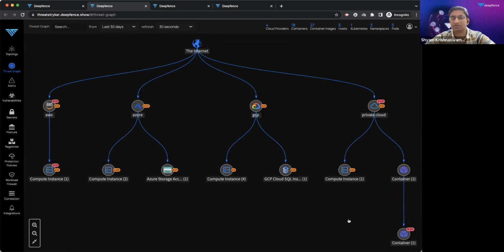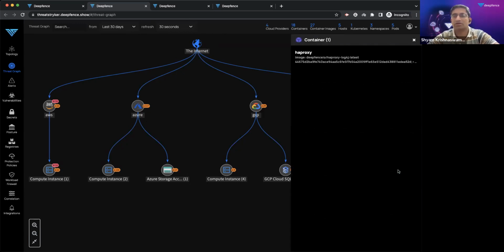Now, in addition to this, the Deepfence platform is also able to understand context here, which means that the vulnerabilities that exist within this container can be reached through another container, which is an HA proxy container, right? So not only is this platform able to add runtime context, the runtime context is also meaningful here in a way that shows how these vulnerabilities can be exploited.